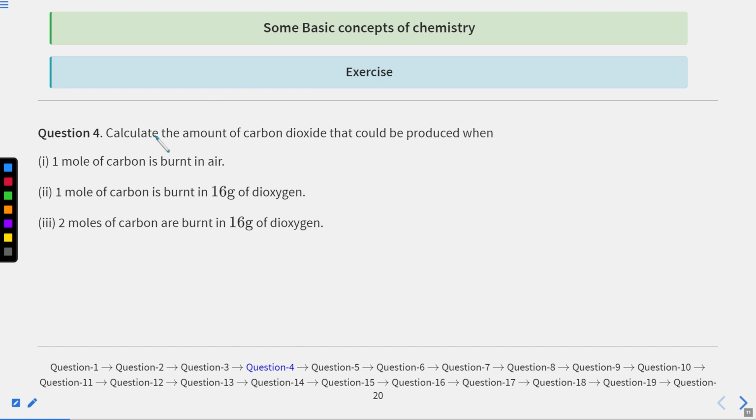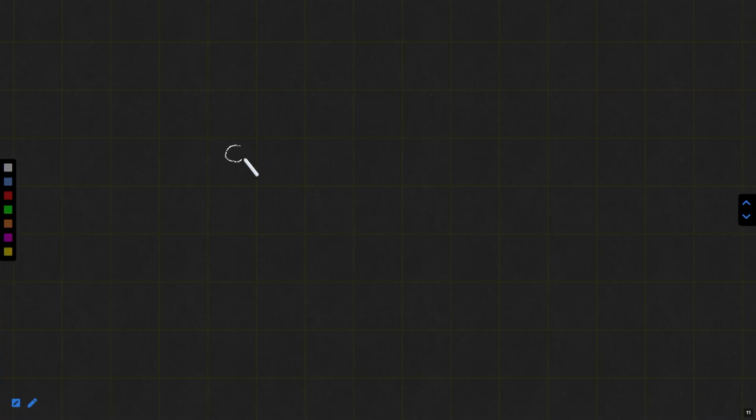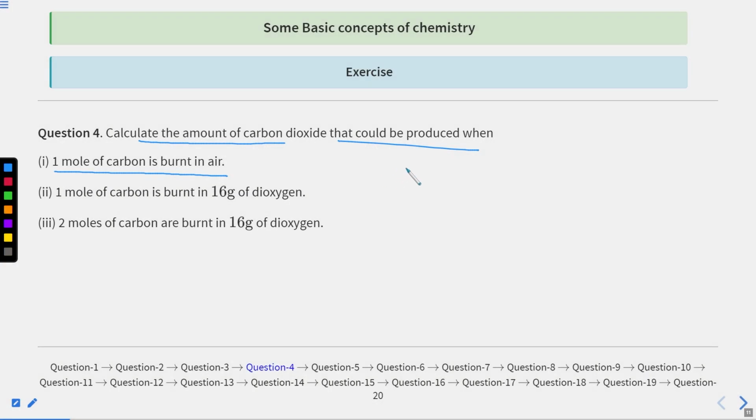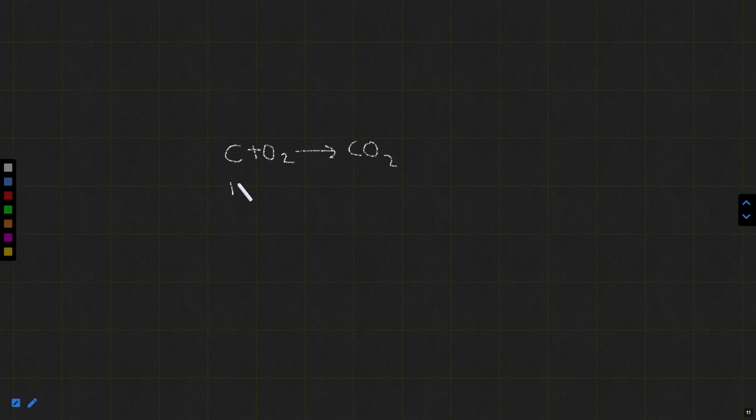Next is calculate the amount of carbon dioxide that could be produced when 1 mole of carbon is burnt in air. So when carbon is burnt in air, that gives us carbon dioxide. Now 1 mole of carbon reacts with 1 mole of oxygen to give 1 mole of CO2.